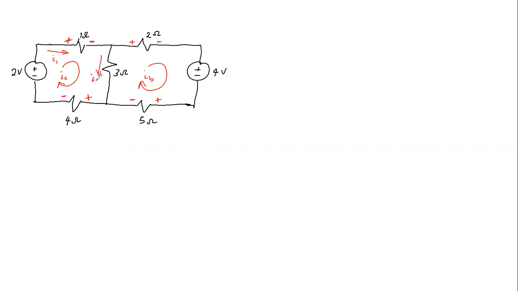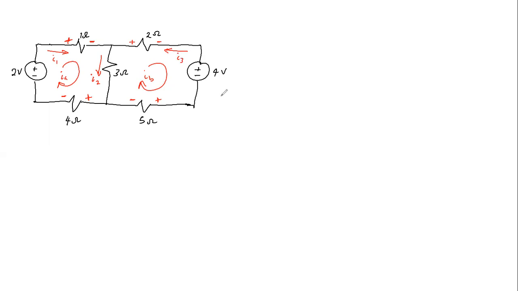This is I2. But I3 doesn't flow this way now because looking at this mesh, current flows from left to right, but the actual direction of current is determined by the 4 volts voltage source, and current flows from the negative to the positive, so current flows in this direction with respect to this voltage source, which is I3.